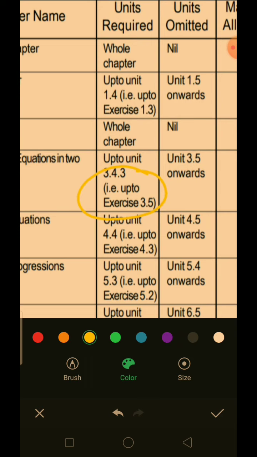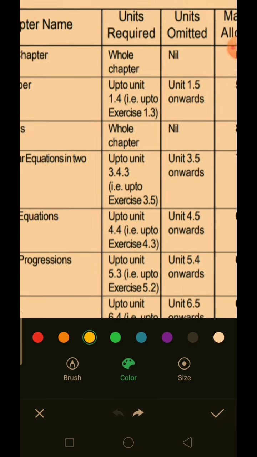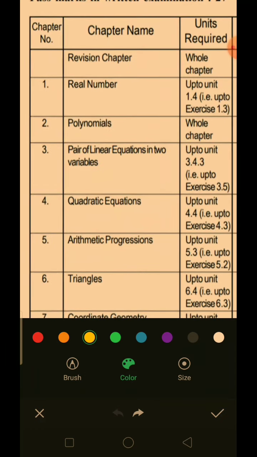It is very important for you to understand the exercises that have been included. Then you have the quadratic equation, an important chapter.